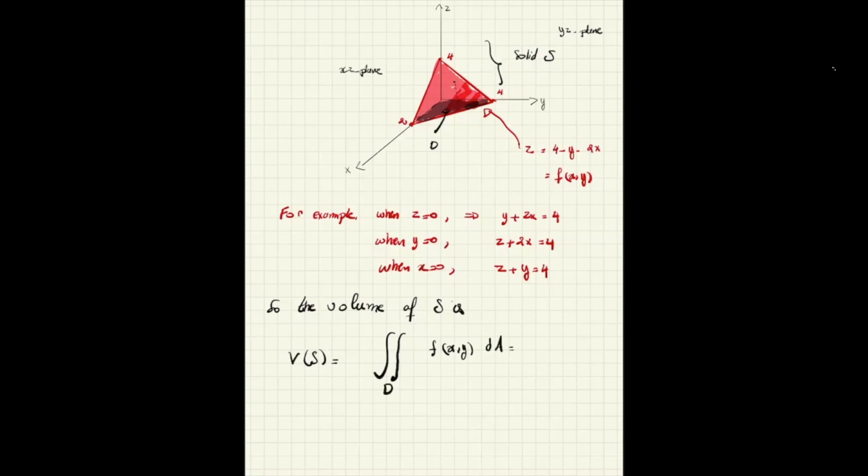Which is the same thing as the integral of 4 minus y minus 2x, right? And then you have to choose. Now you have to choose either you start by region 1 or region 2, right? Okay.